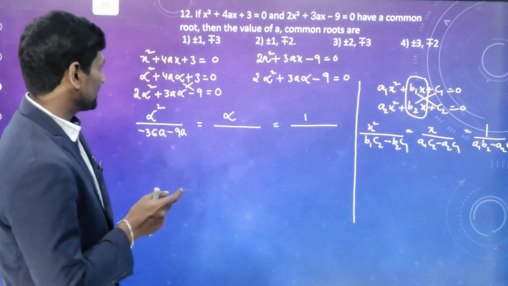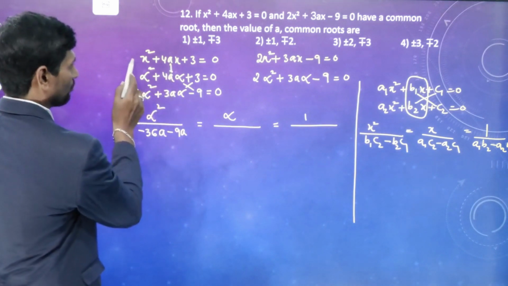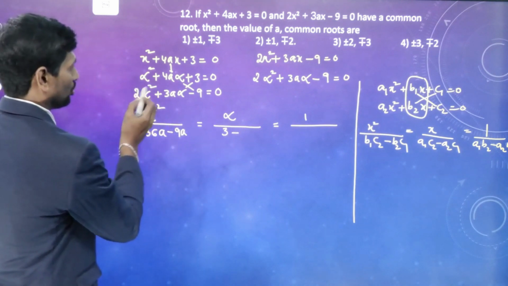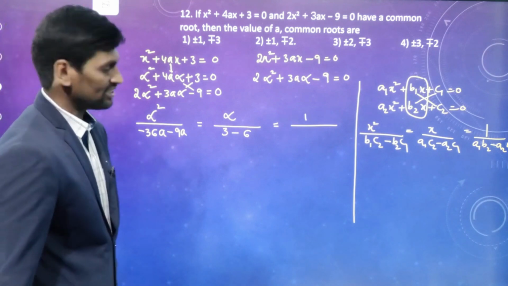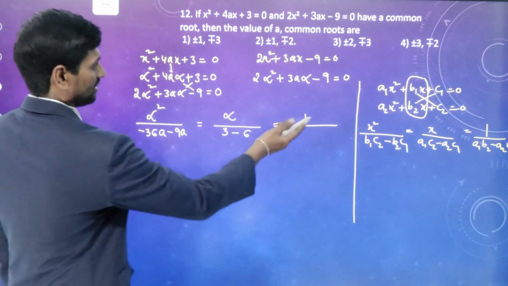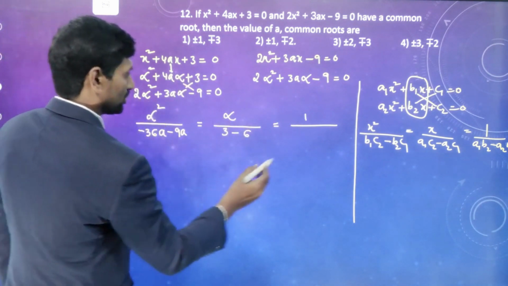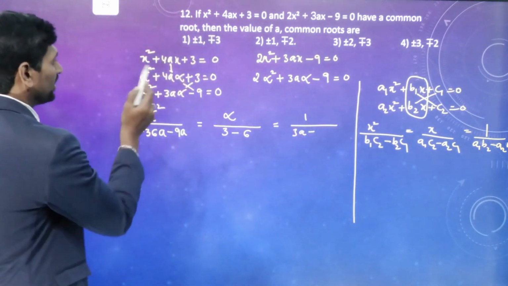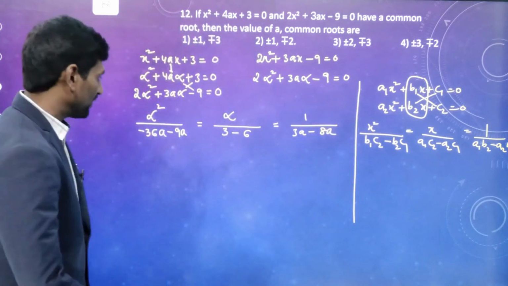Next, alpha term, that means middle terms. We are leaving this: 1 into 3, 3, minus 2 into 3, 6. 3 minus 6. Next, the constant: 1 into 3a, 3a, minus 2 into 4a, 8a. Simplify this.